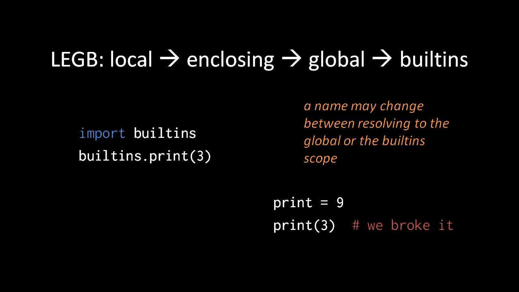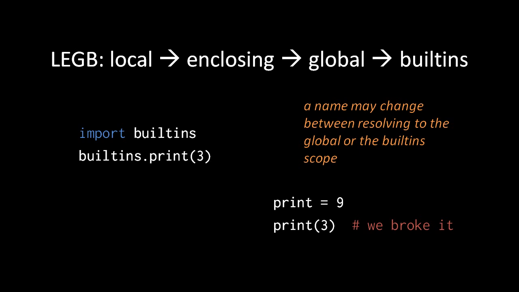But because modules are mutable, that is, attributes can be added and removed, it's possible for that print in the function to change what scope it resolves to. If we add print to its enclosing module, then that print in the function will no longer resolve to print of the builtins module, it will resolve to print in its enclosing module.